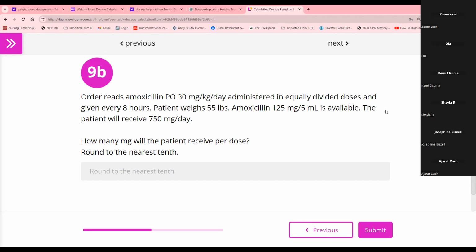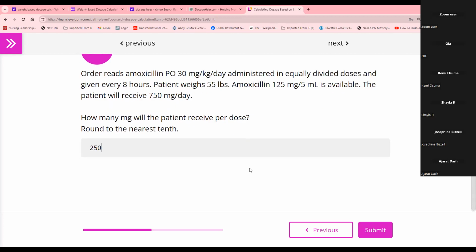250 milligrams per dose. Is that what everybody else got? No, I didn't get that. Yes. Okay, well, without even a calculator, I know this is given 3 times a day. So look at your number there, 750.